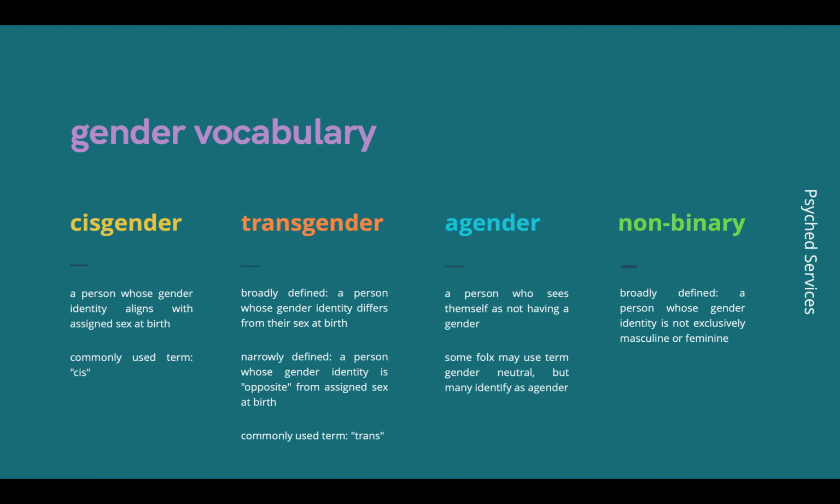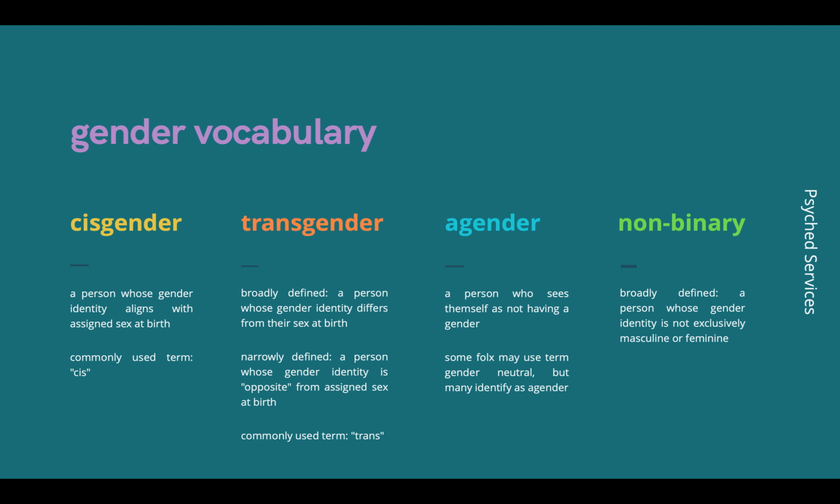Okay, so the narrow definition of trans would be a person whose gender identity is opposite from the assigned sex at birth, right? So if I was born genetically female and identified as male, that would be considered trans. And there are a lot of vocabulary terms and identities that people use, even within trans.